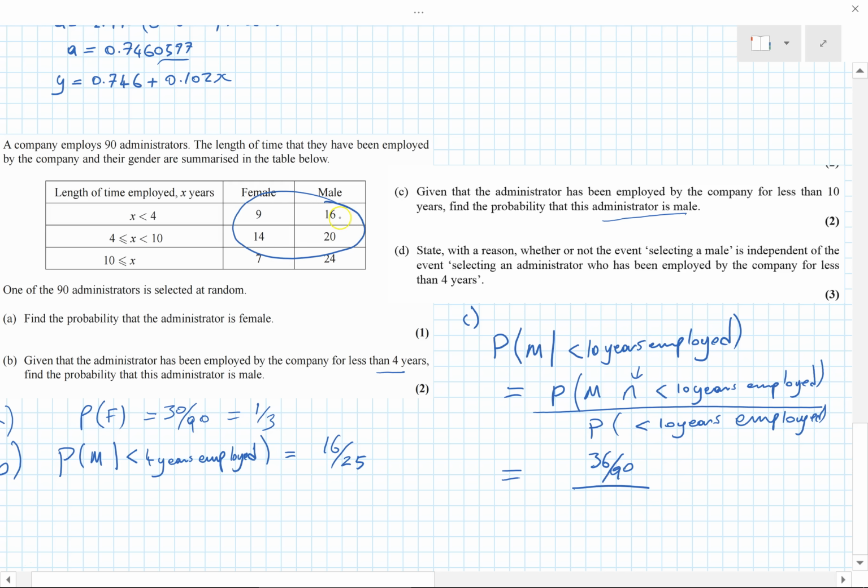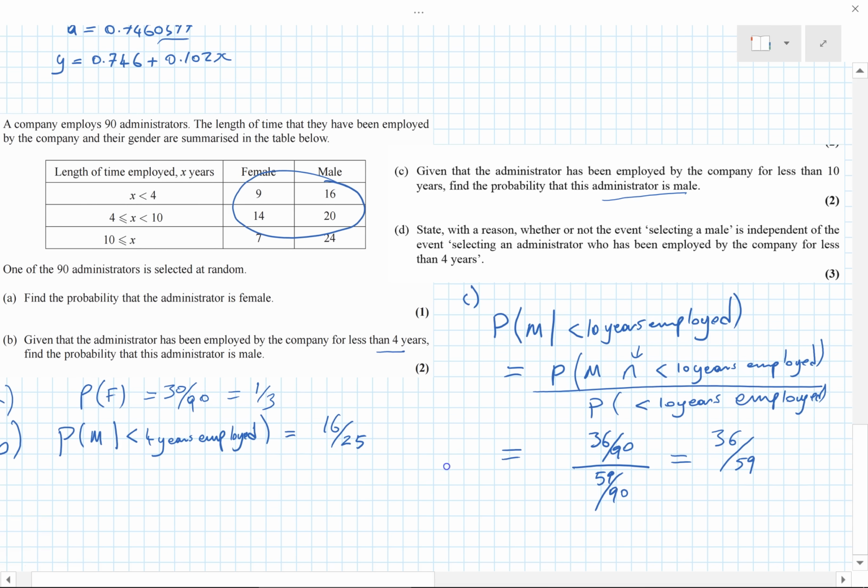So that's 36, 59 out of 90. And the 90 is just a common factor that we can cancel. So there we go, 36 over 59.